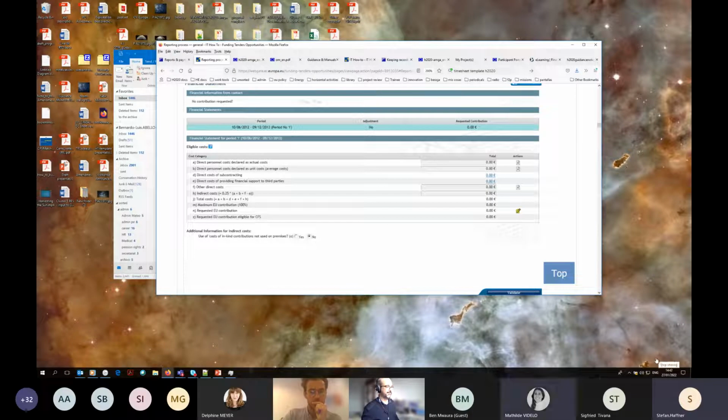Can I just ask a question, Bernardo, about this, because we have the template just in front of us. On line M, you see that we have 100% about the contribution, because we have different contributions between the different pillars.